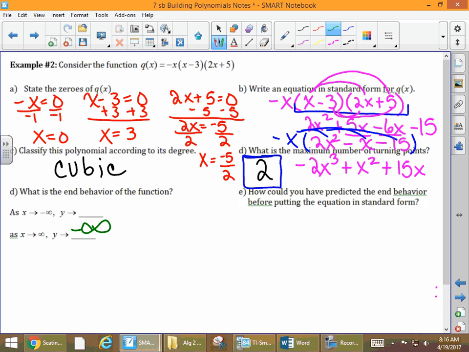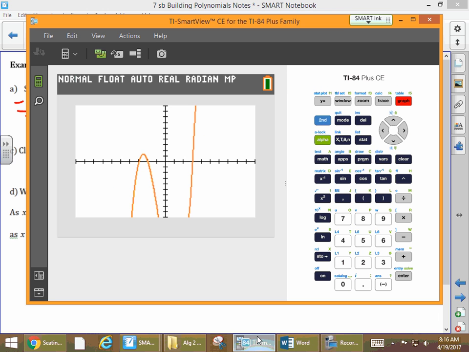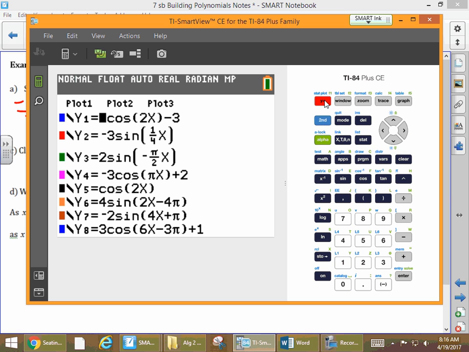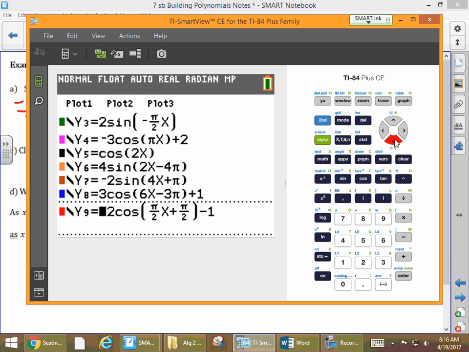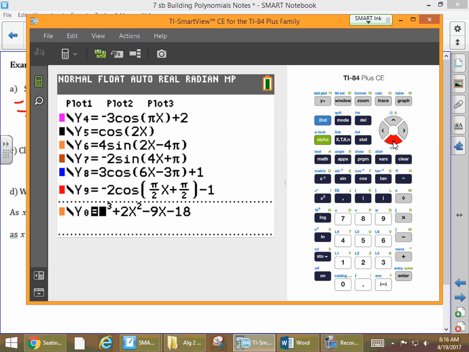But if you're thinking, what is she talking about? If you don't know, then go to the calculator here. Sorry for all the stuff that's in here, but I need it for another class. Let's type in our function. I'll type in the original, which was negative x times x minus 3 times 2x plus 5.